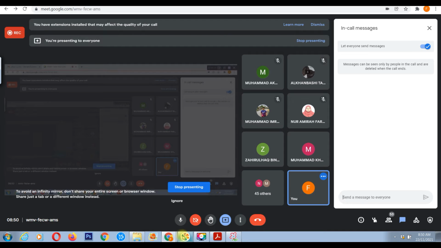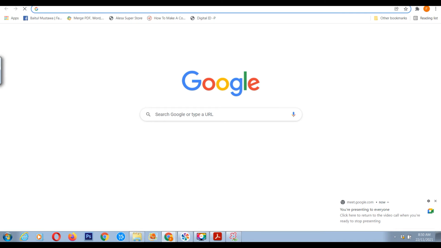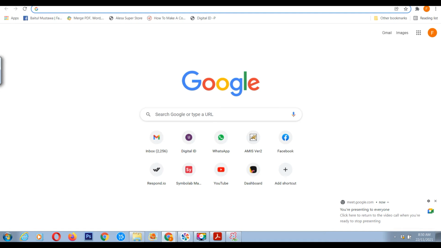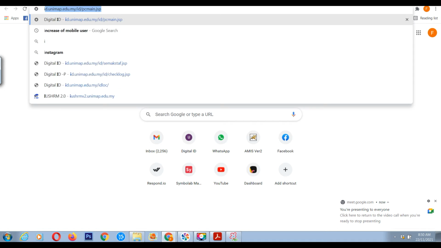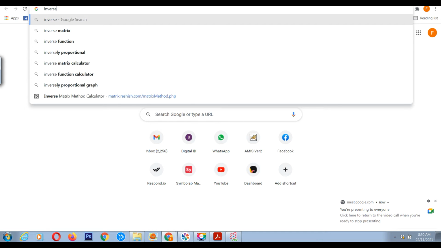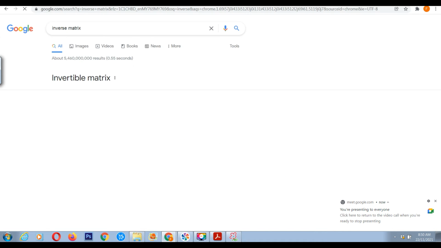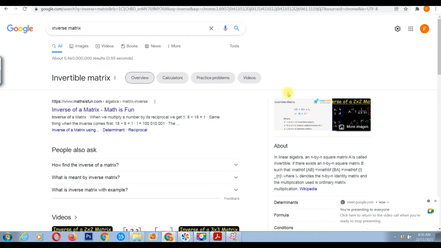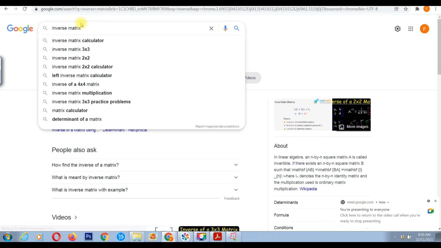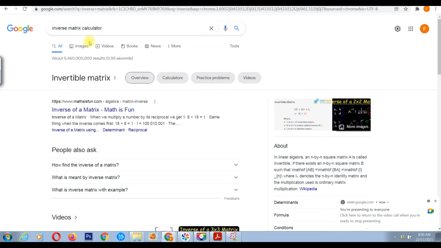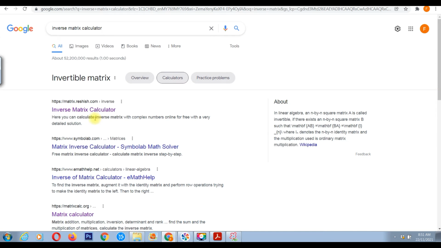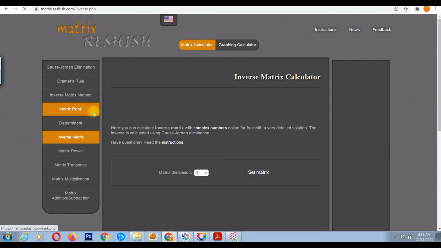We can use an online inverse matrix calculator. Here you can find the inverse matrix.